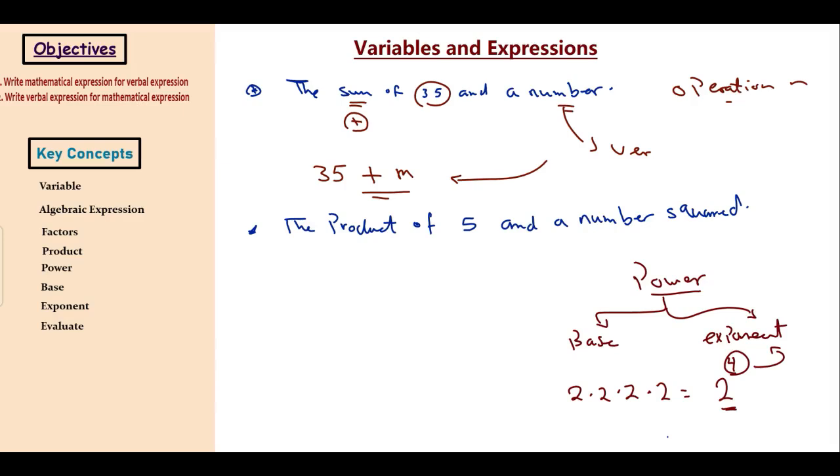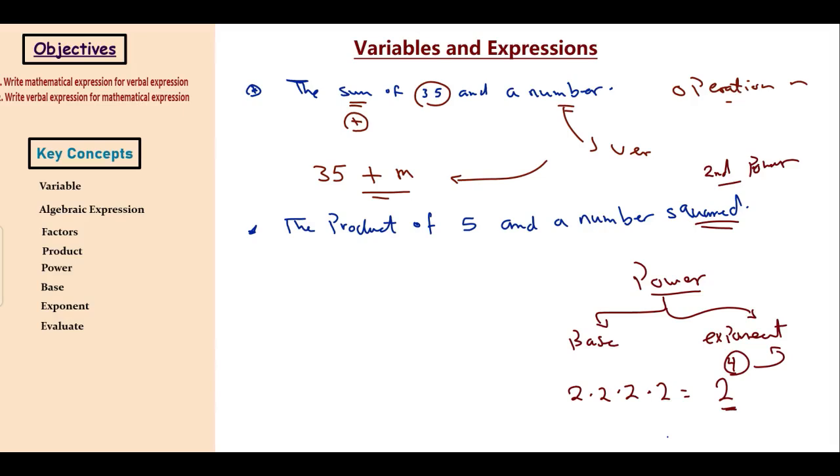Okay, so if we are given something like this, the product of 5 and the number squared, the word squared here means we have the second power, the second exponent. As we mentioned before, the product means we are multiplying something.